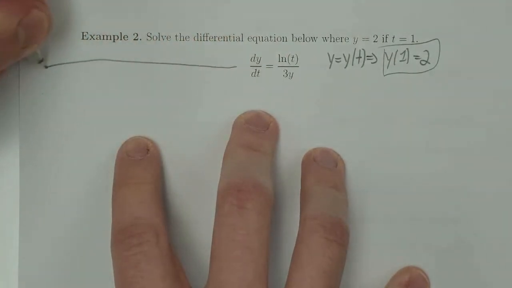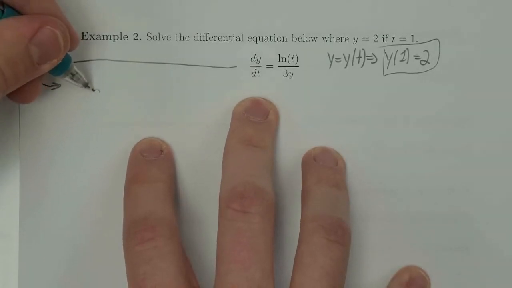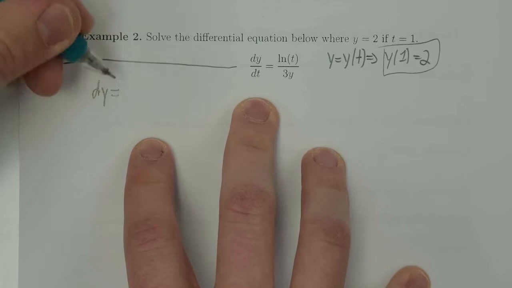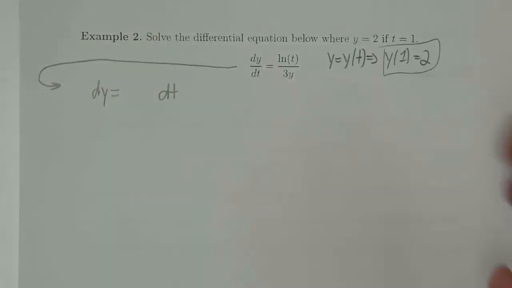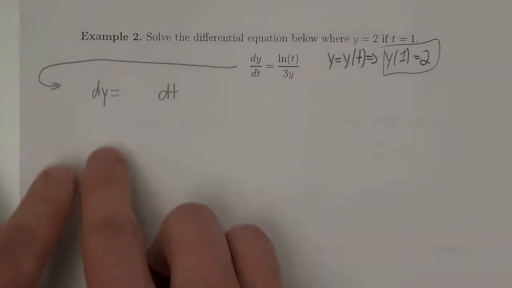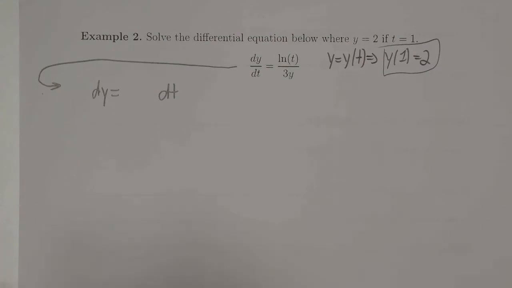So in this case, we have something times dy equals something times dt on the other side. If we break this up using separation of variables, putting everything with y on one side and everything with t on the other, what would you end up with?